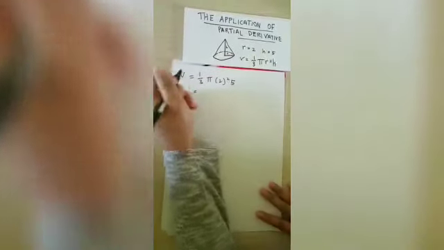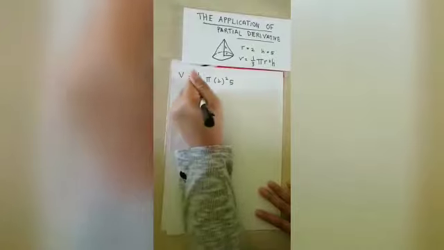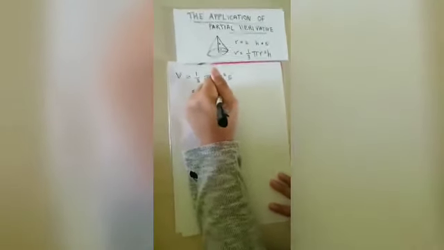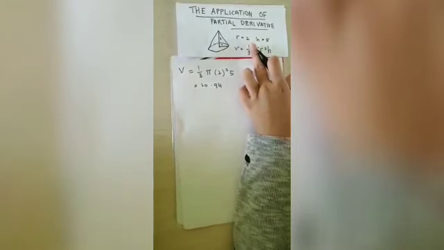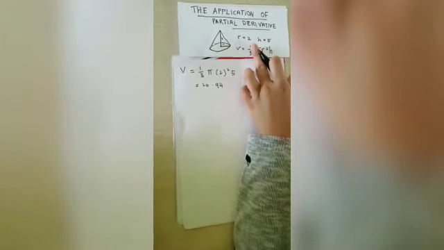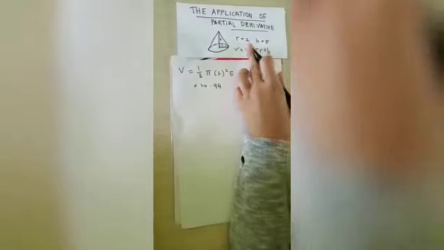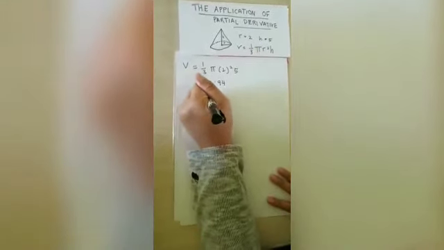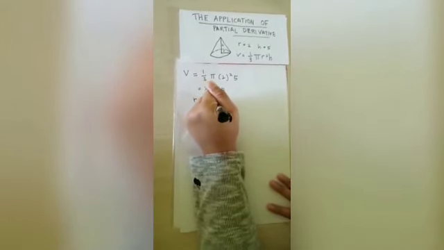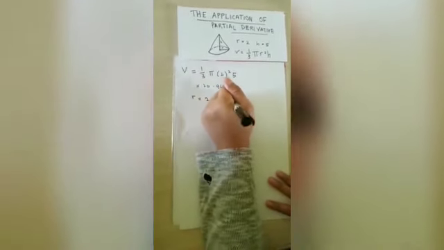So the answer is 20.94. Now we have to change the radius by 0.1. The new radius is 2.1 and h is the same, 5.